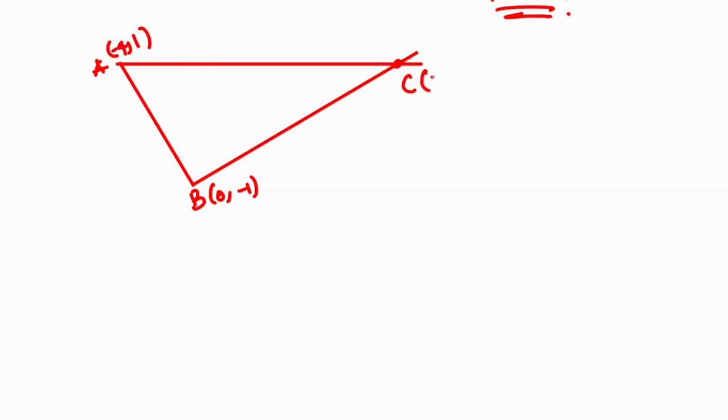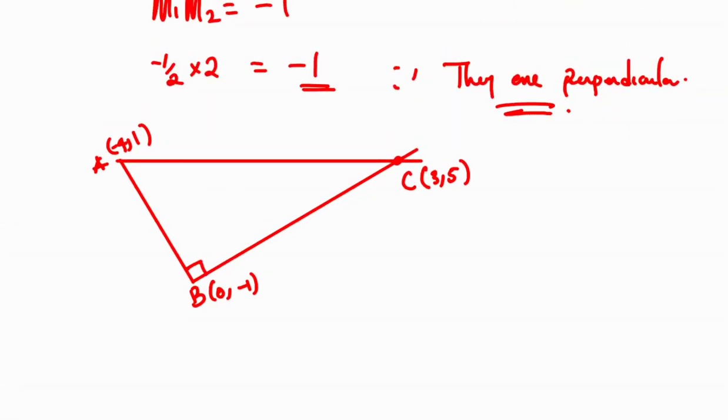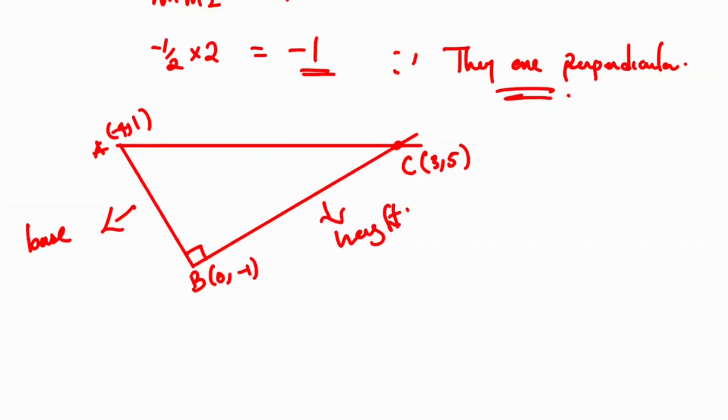Of course, this is 3 comma 5. Remember, this is at a right angle because we just proved it. So this is a right angle triangle. If I can find the base, where this place is the base, and this place is the height, then if I can find the two of them, I'm done.